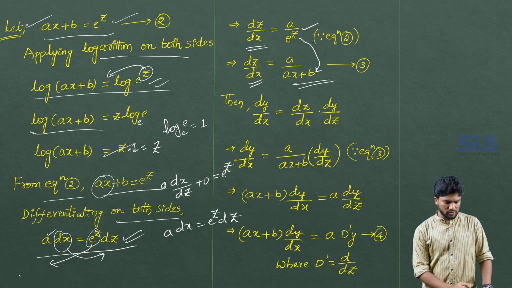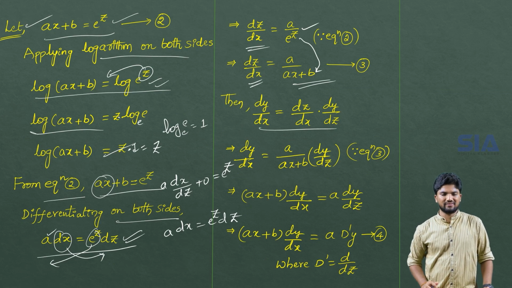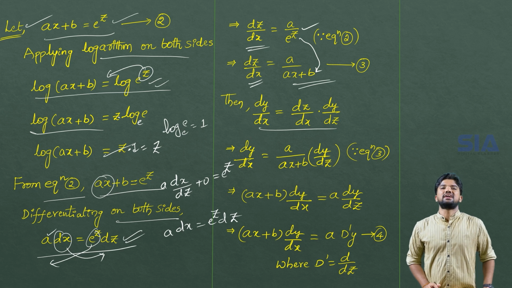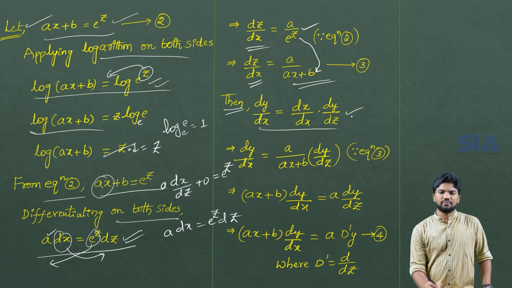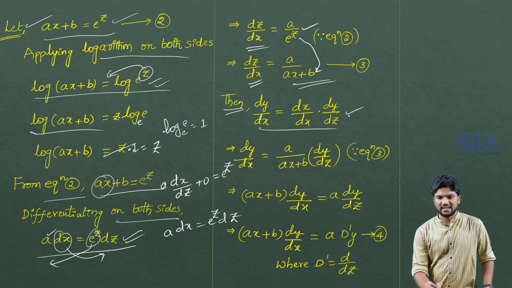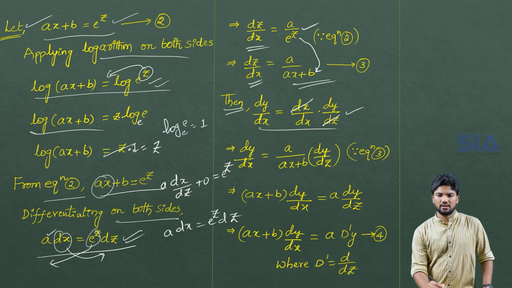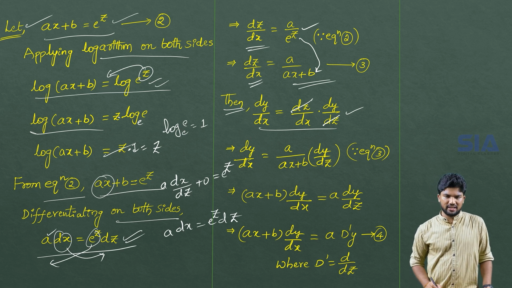But to derive those values, first of all we are starting with the first order differential term dy by dx. So dy by dx you can write as dz by dx into dy by dz. If you cancel dz, again you will get dy by dx only in RHS.